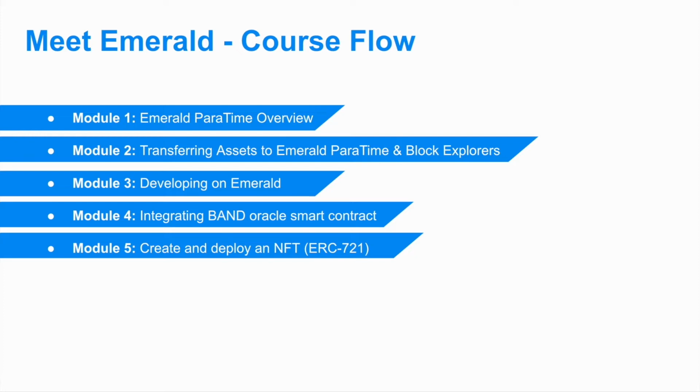Let's say real-time prices for BTC, for ETH, for ROSE, right? And last but not least, we will introduce how to create an NFT, basically an ERC 721 token, and let's say mint an NFT on Emerald ParaTime.